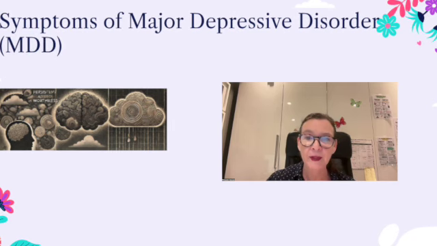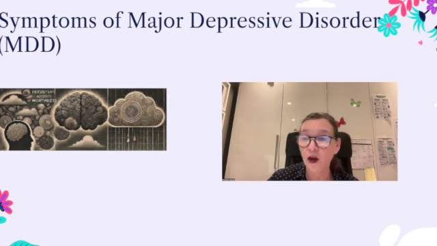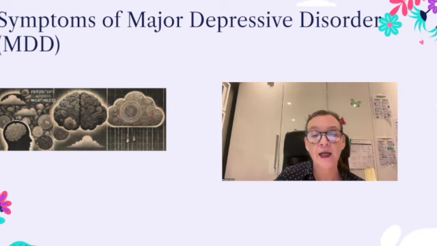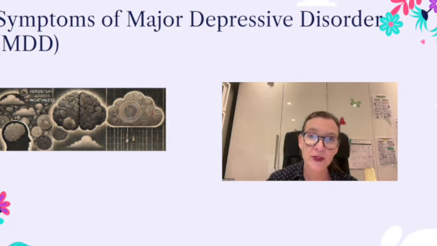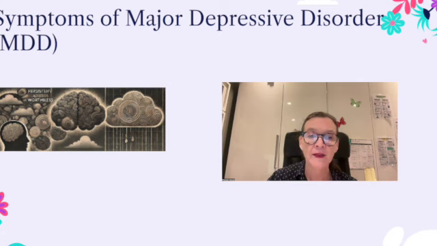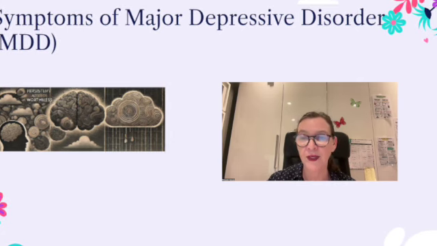For example, people with MDD may struggle with simple tasks like deciding what to eat or completing a work assignment. The last one is physical symptoms: changes in energy levels, appetite, or sleep patterns. For example, someone with MDD might feel constantly fatigued, experience weight changes, or suffer from insomnia. These symptoms work together, making daily life feel overwhelming and exhausting.